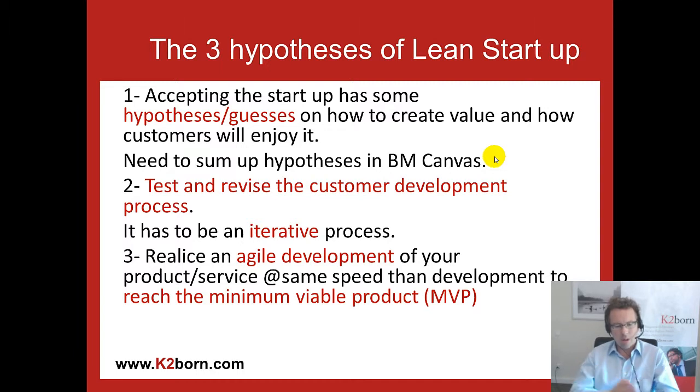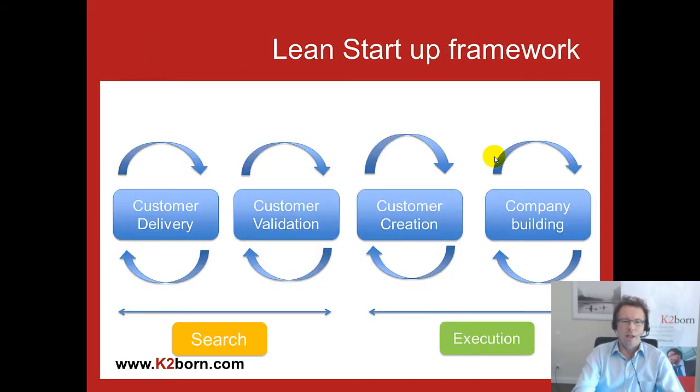And why will it be iterative? Because basically you will have the feedback of the customer, you change the hypothesis based on what they tell you, and you adapt it until you reach the MVP. I guess you've heard about this, the minimum viable product. As soon as you get this one, I say, chapeau, you got it. So here, how does it work?